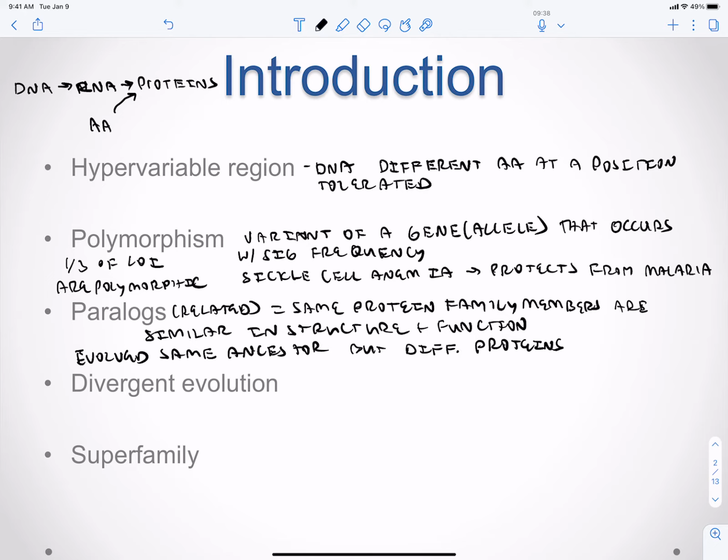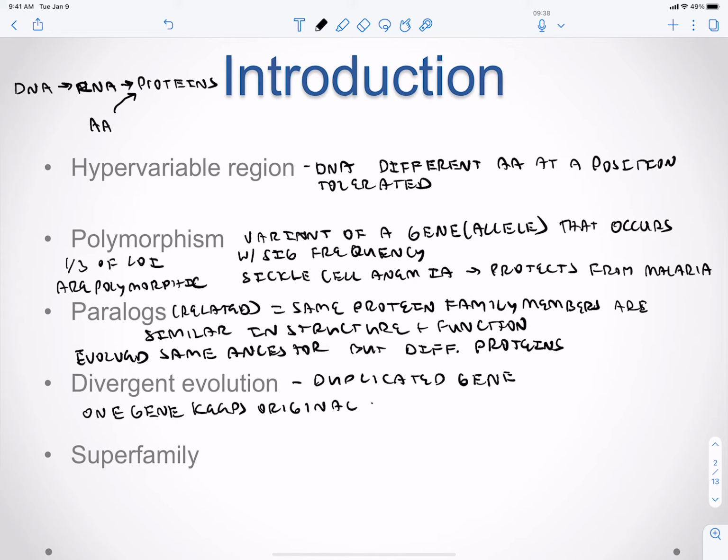And then you have a concept called divergent evolution. This is where you have a duplicated gene and one gene keeps its original function and then one gene changes.